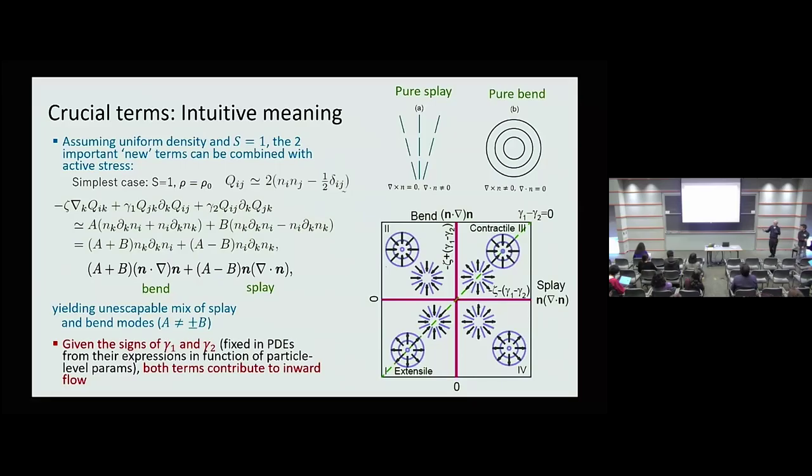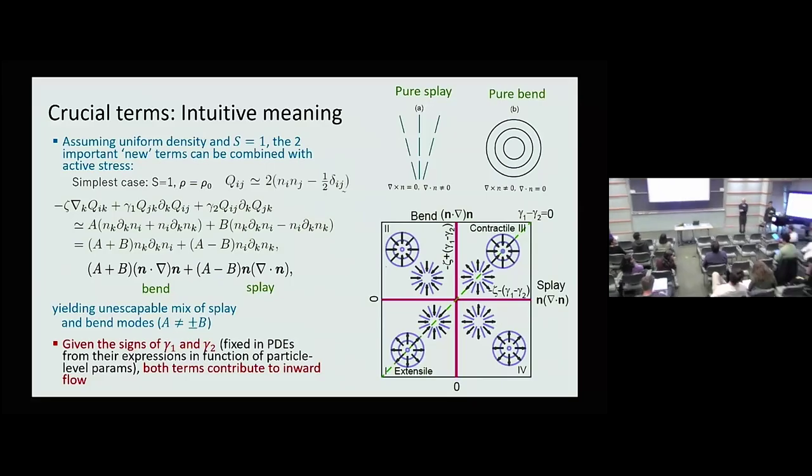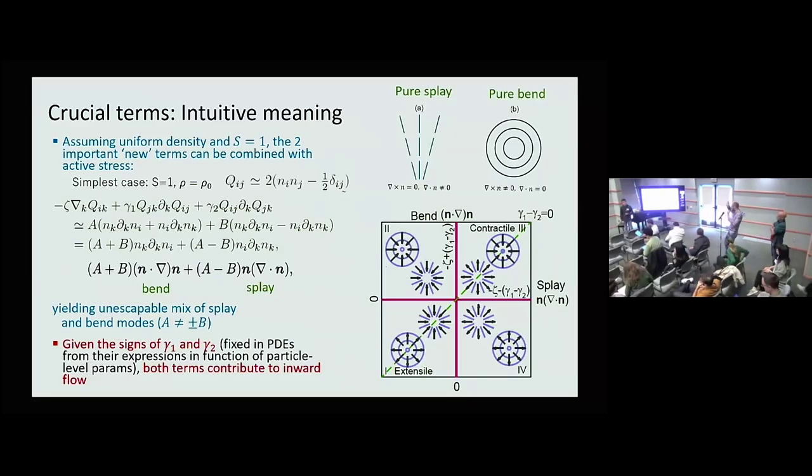We don't know other systems. So cells essentially, the idea is that if I'm a neuron and I'm crawling around, I adjust my active force based off of bend and splay, potentially Frank elastic parameters around me, that eventually directs me inward.